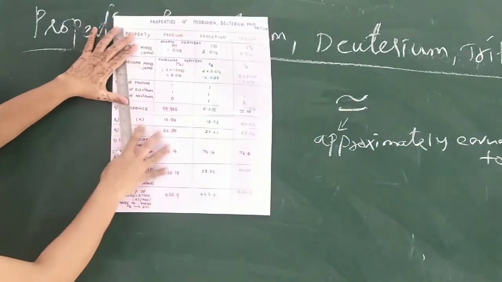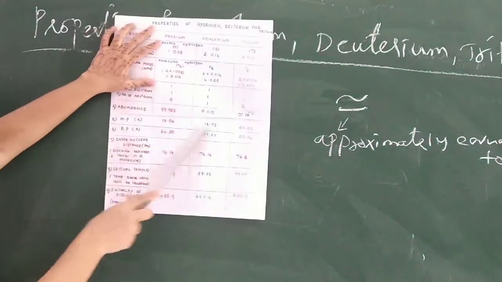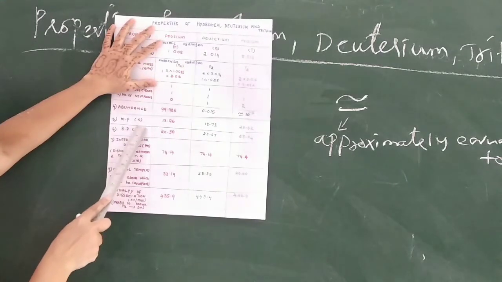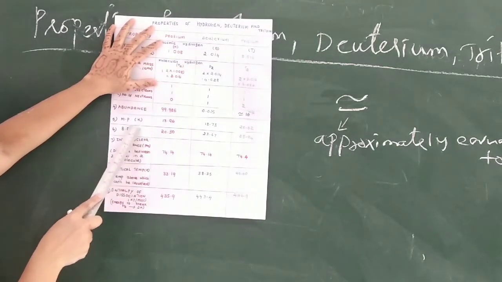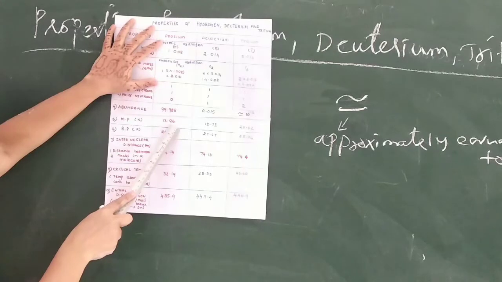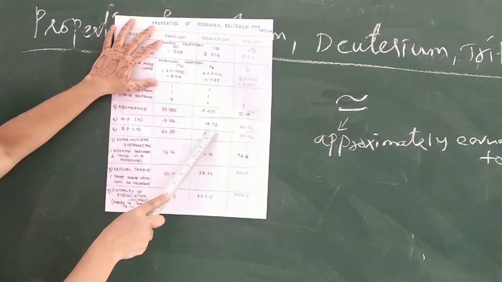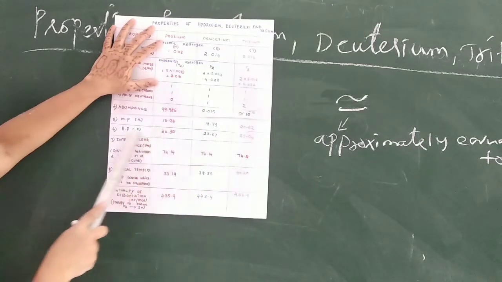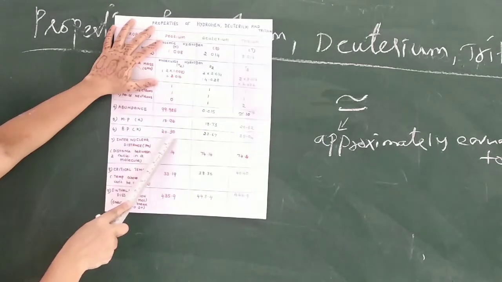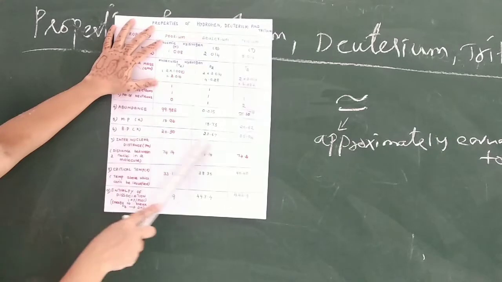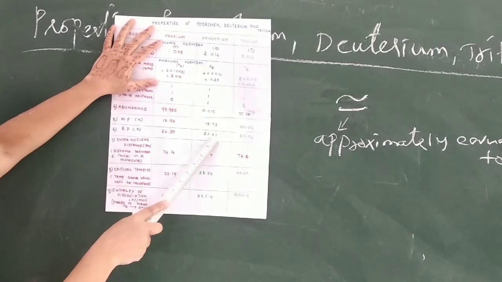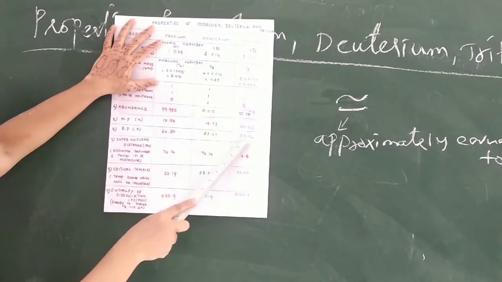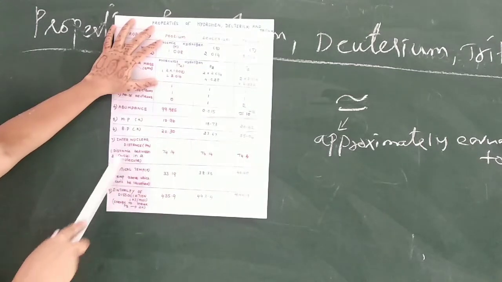Then melting point and boiling point. You should write the unit in Kelvin. Melting point: protium 13.96, deuterium 18.73 and tritium 20.62. Boiling point: protium 20.30 Kelvin, deuterium 23.67 Kelvin and tritium 25.04 Kelvin.